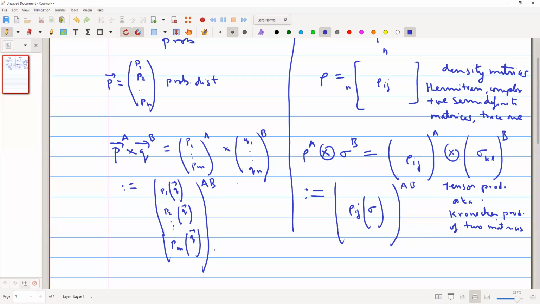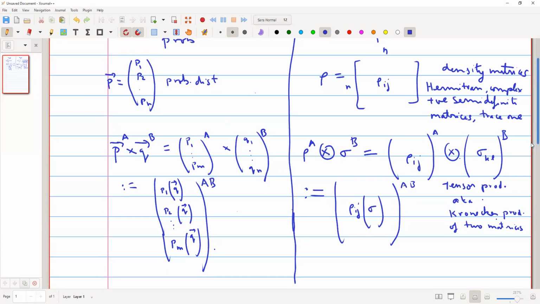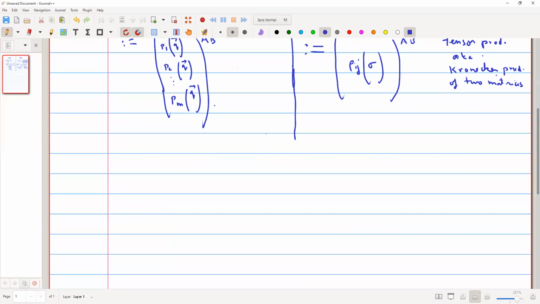So this is consistent with our definition of tensor product of vector spaces, which we had defined earlier. So let us recall what the tensor product of vector spaces was. Suppose A is the span of some computational orthonormal basis.